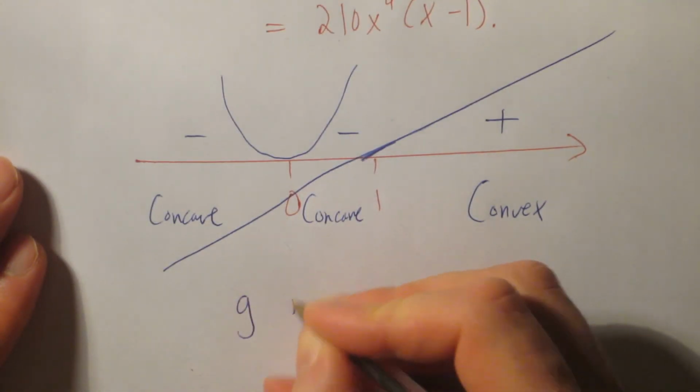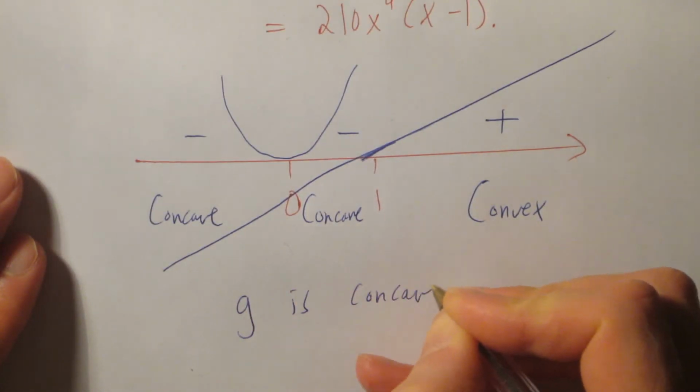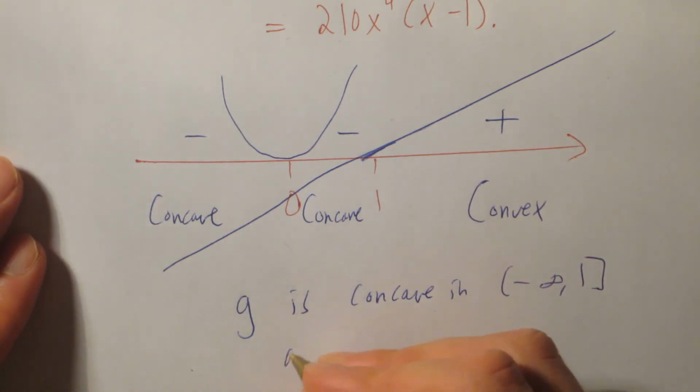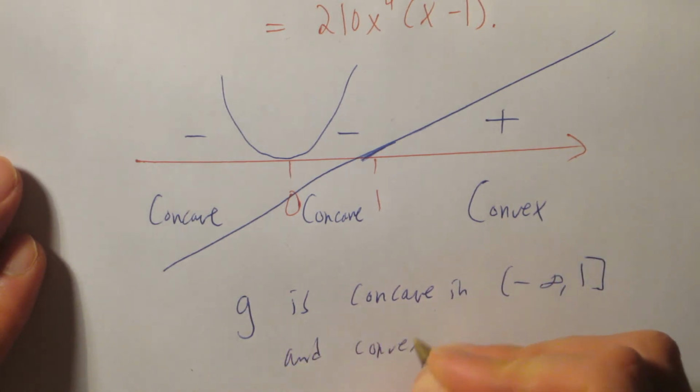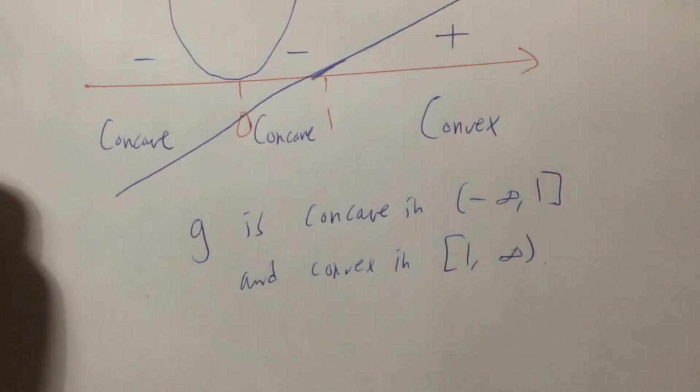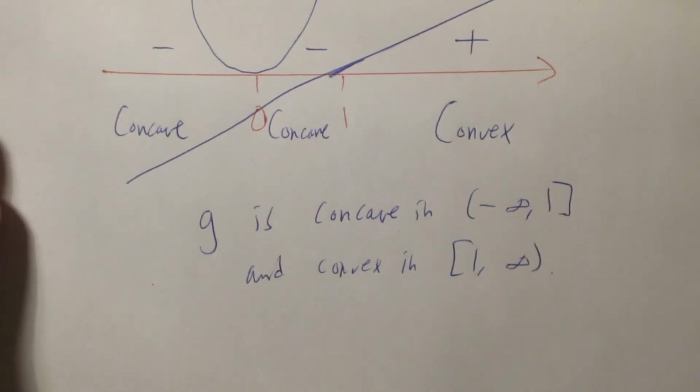So y is concave in the interval from minus infinity to 1, and convex in the interval from 1 to infinity. I recommend you to write this out explicitly.